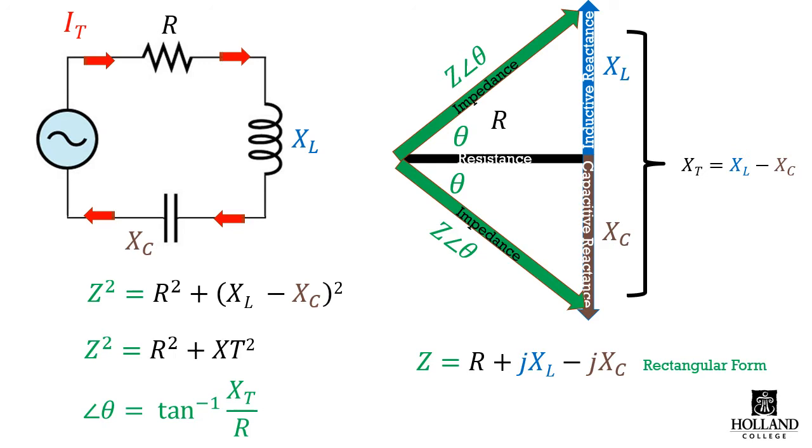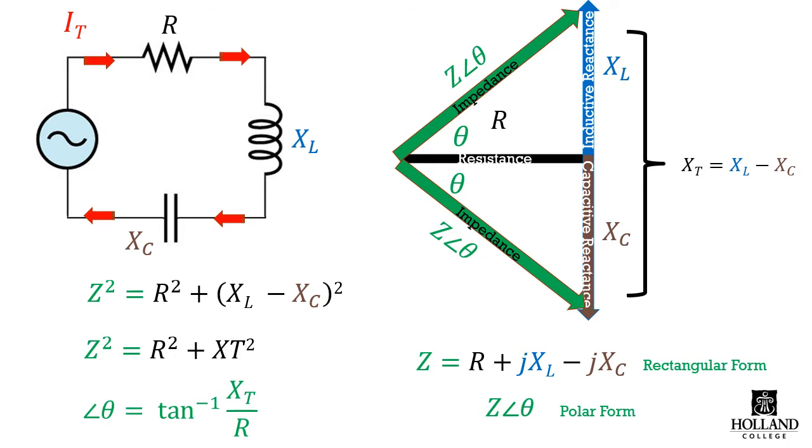Our total impedance Z is equal to R plus jXL, again, the plus j being plus 90 degrees, minus jXC. Again, our j operator indicates that XC is at minus 90 degrees. We get the difference between the j terms and add them into our R, and we can end up with our polar form, which is our magnitude with a direction for our total impedance.